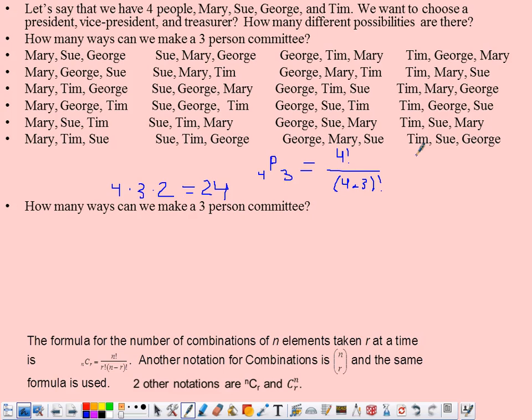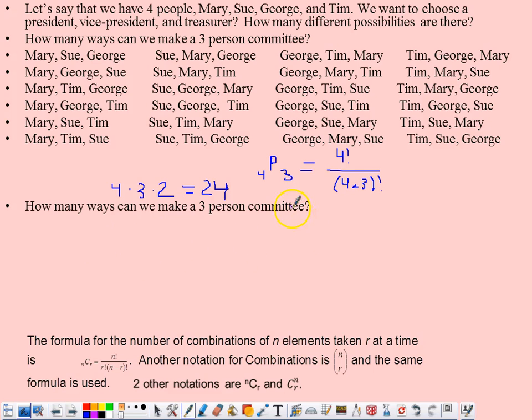So that gives you all the different ways that we could arrange these 4 people to be president, vice president, and treasurer. But if I just wanted them on a committee, so I've got all these different ways, would any of these be repeats if they were just going to be on a committee? How many of them you think would be repeats? Pretty good guess.